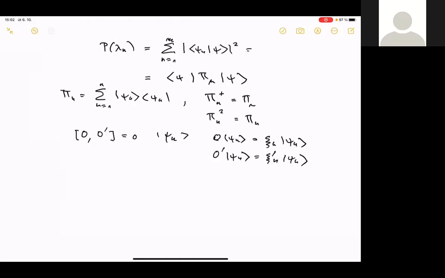So we can form a basis in the Hilbert space from the eigenvectors which are labeled by the eigenvalues psi n, psi prime n, and probably a lot of other eigenvalues of all the operators which commute with O and O prime.